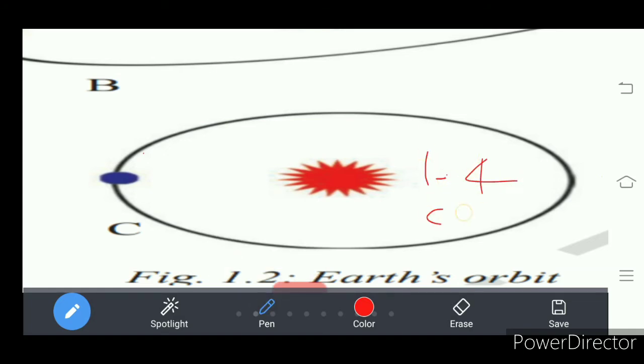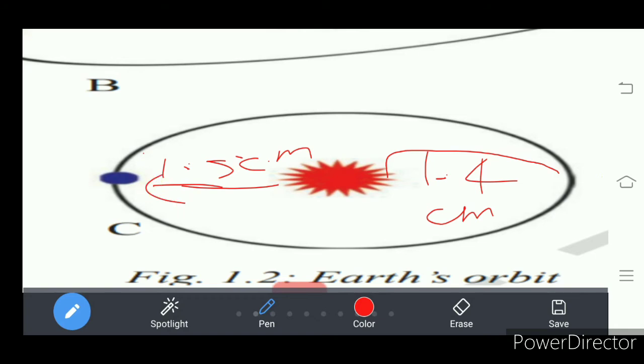1.4 centimeters distance from the sun to the earth here, and here it is 1.5 centimeters, on the other side.